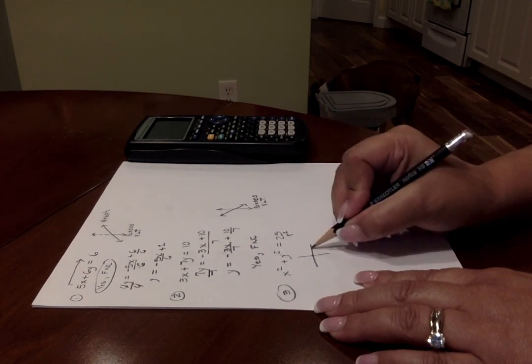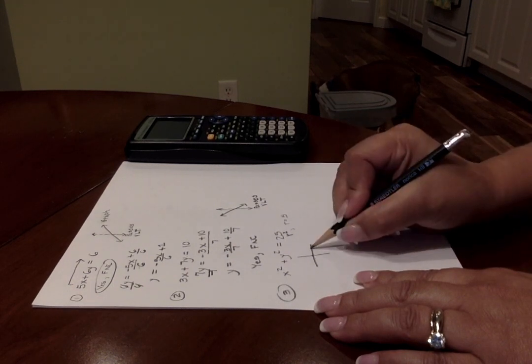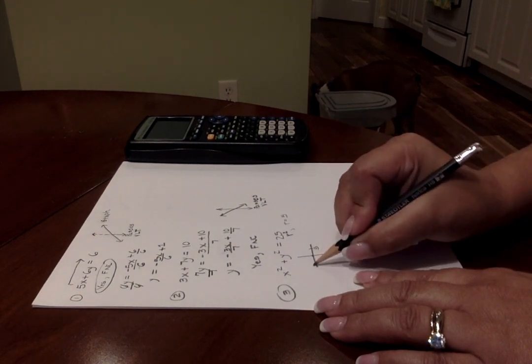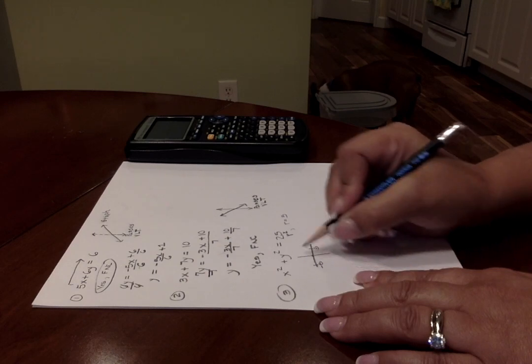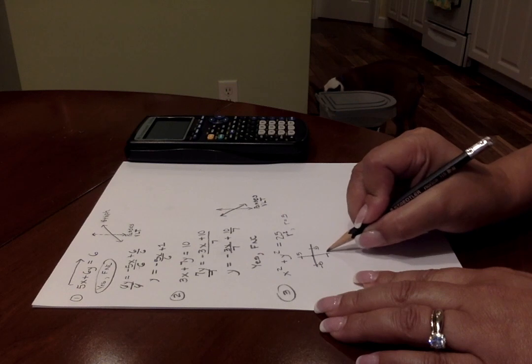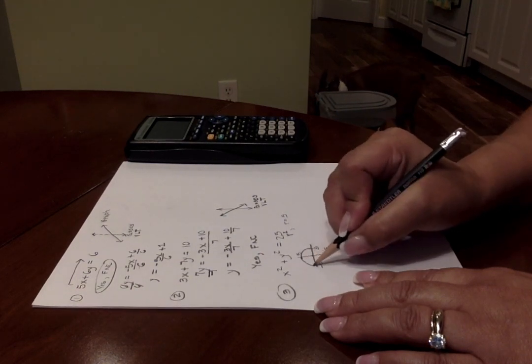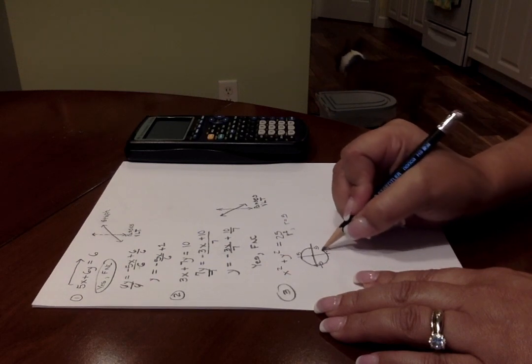So the actual radius would therefore be 5. Now if you don't know these things, then you have to put it into the calculator because you don't know what the shape is, and so you can't test it for being a function.